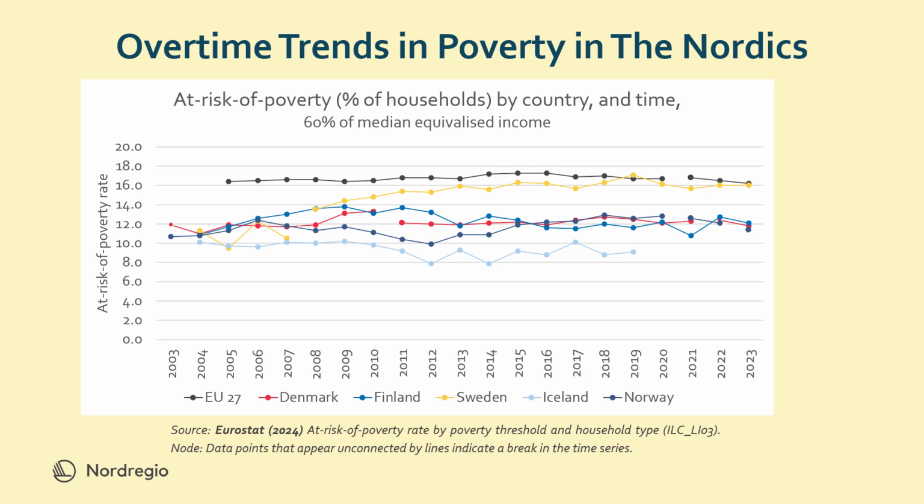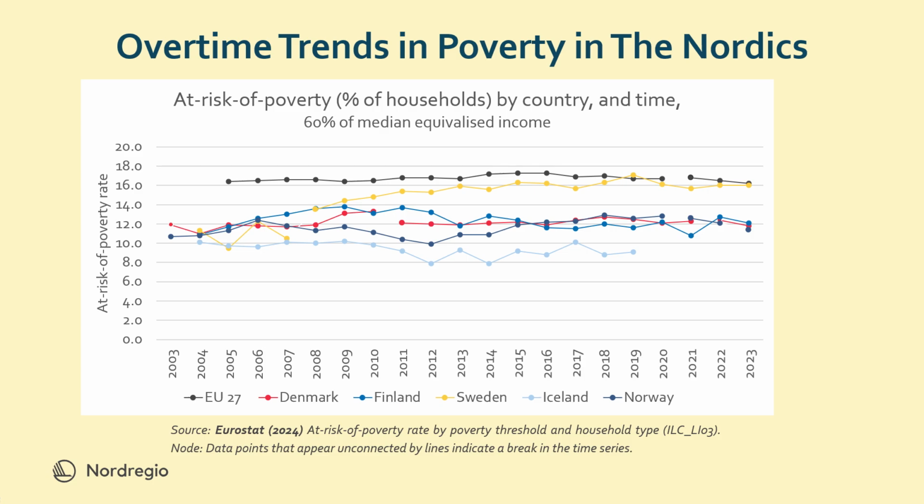At the same time, if we look at Sweden, we can see that the at-risk of poverty rate has been growing since 2018 and peaking in 2019, when it actually exceeded the average European level. And then it stabilized somewhere close to the European level.